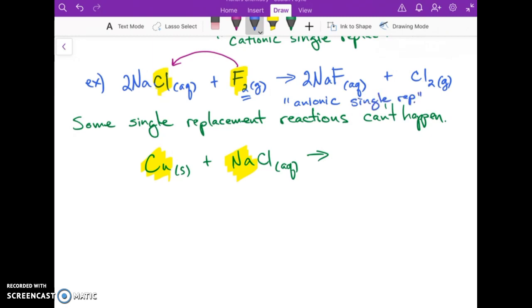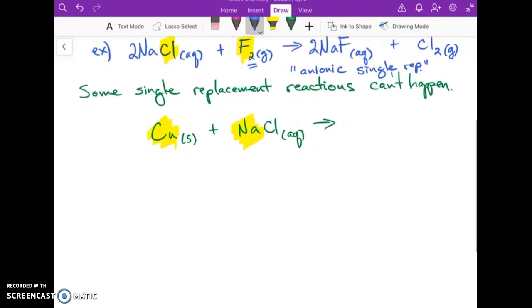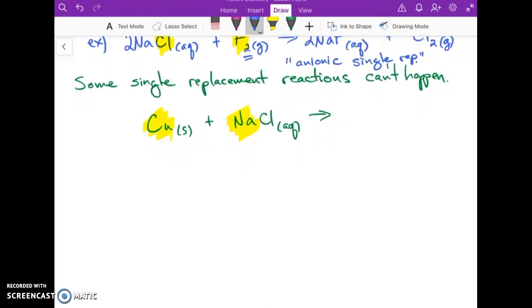But anyway, coming back down to this one, it would be cationic single replacement, because whenever I look at the thing that's by itself, the copper, that's the thing that's trying to do the replacing. So the thing that is like it in the compound, the other metal in this case, is what it's going to try to replace.